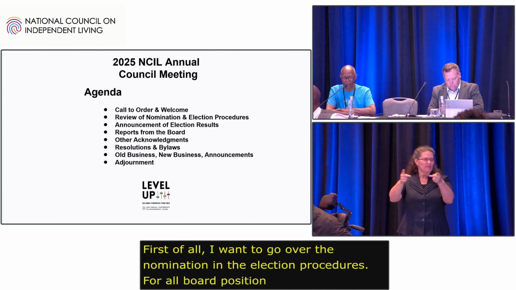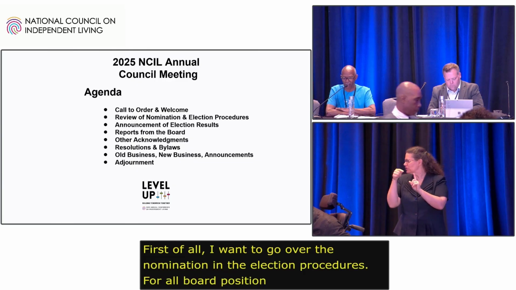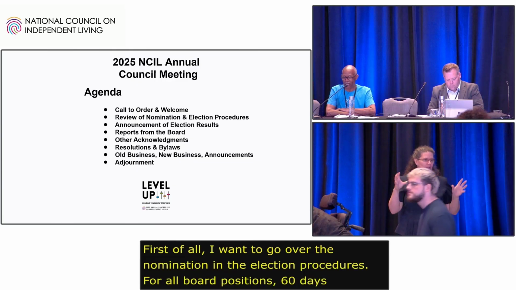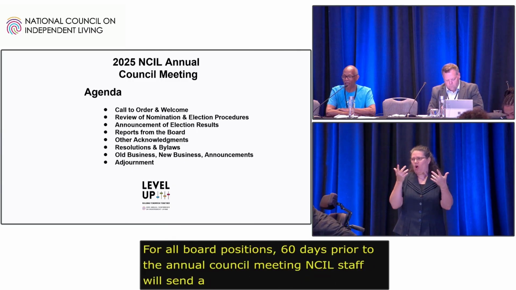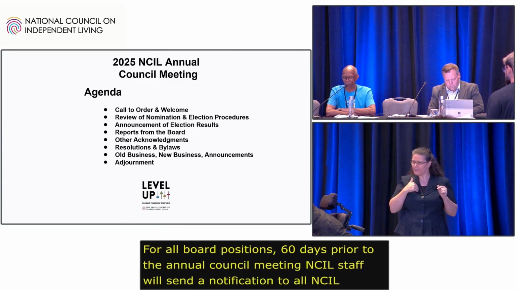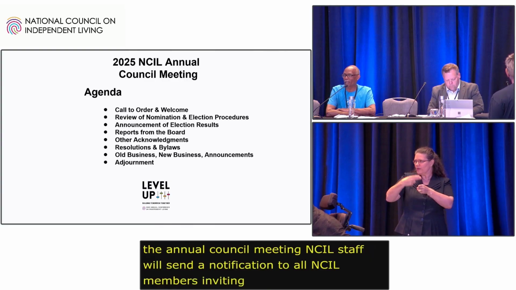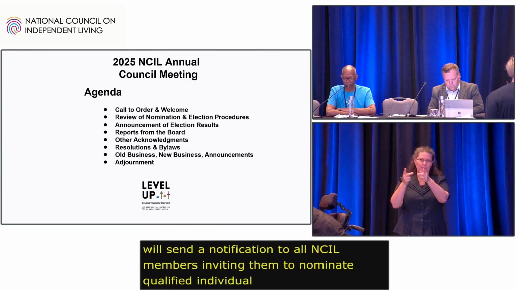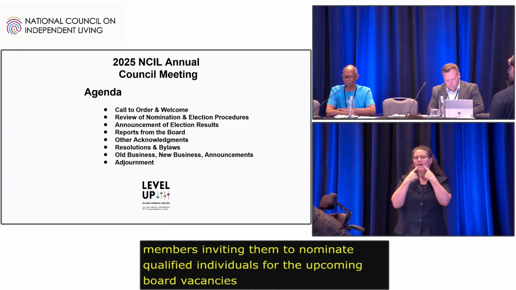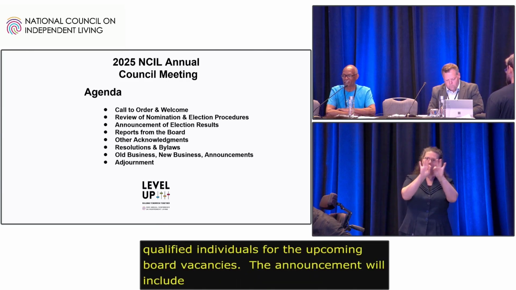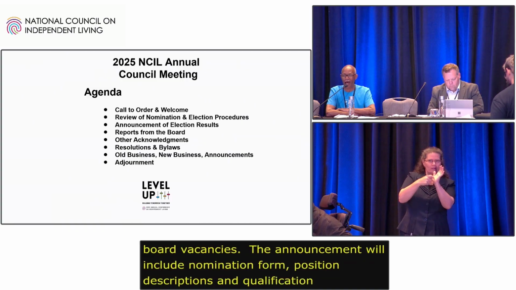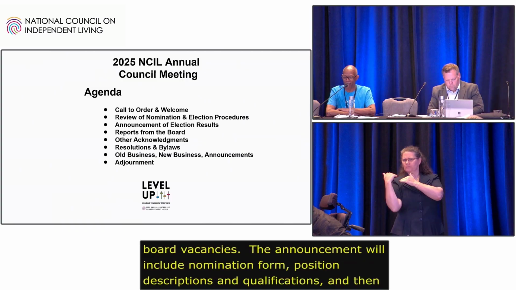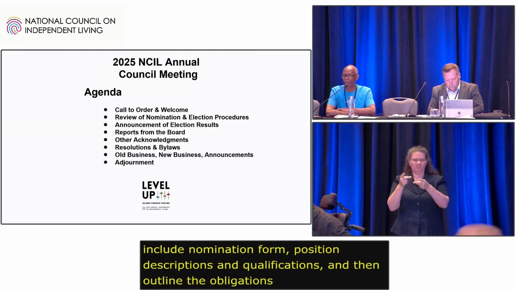First of all, at least 60 days prior to the annual council meeting, Nickel Stout will send a notification to all Nickel members inviting them to nominate qualified individuals for upcoming board vacancies. The announcement will include a nomination form, position descriptions and qualifications, and an outline of the obligations of being on the Nickel Board.